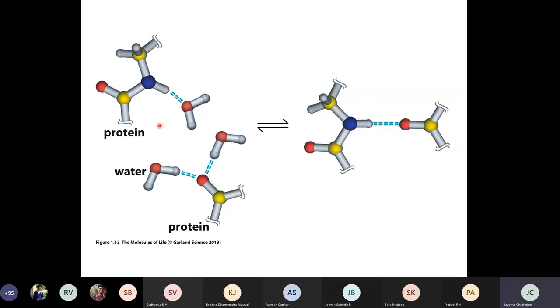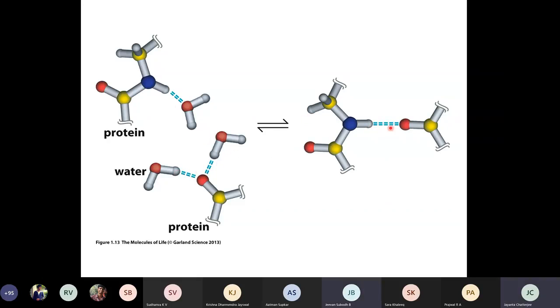Initially, if you calculate the number of hydrogen bonds, you will see that this CO and the NH were involved in more hydrogen bonds with water molecules than after they take a nice three-dimensional shape. So out of three hydrogen bonds, two are lost, and it just forms a single hydrogen bond, right?